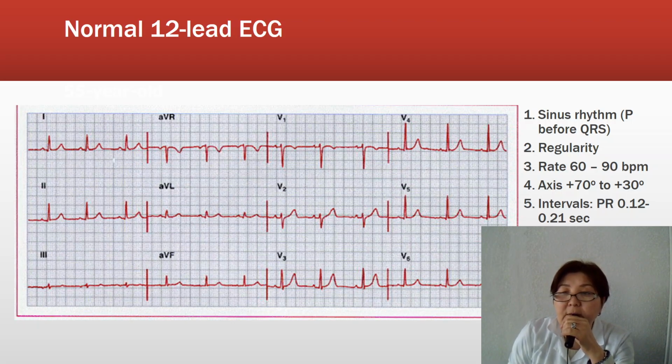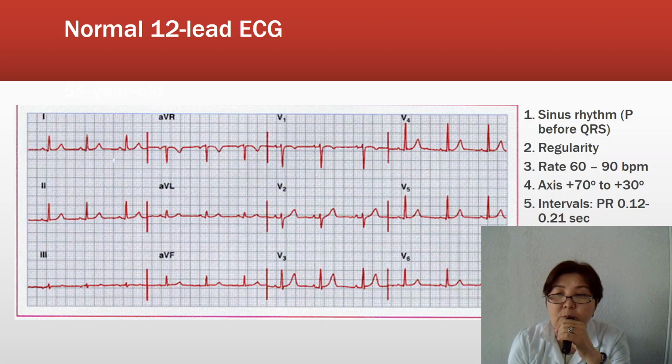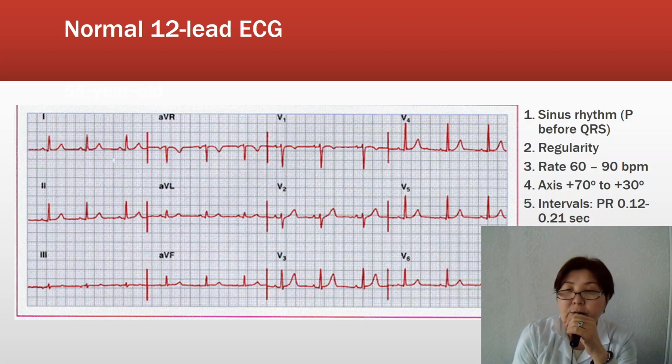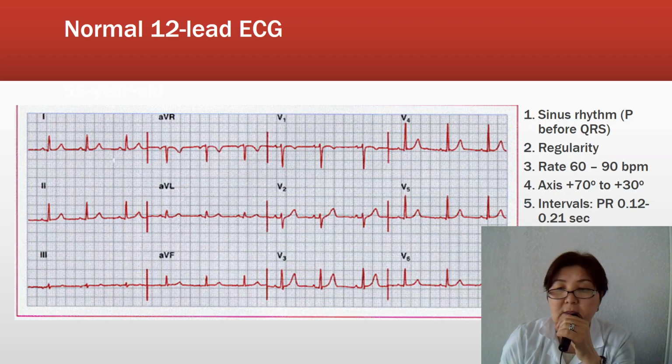Intervals: PR interval is 0.12 to 0.21 second. QRS complex less than 0.10 second. QTc is less than 0.46 second.